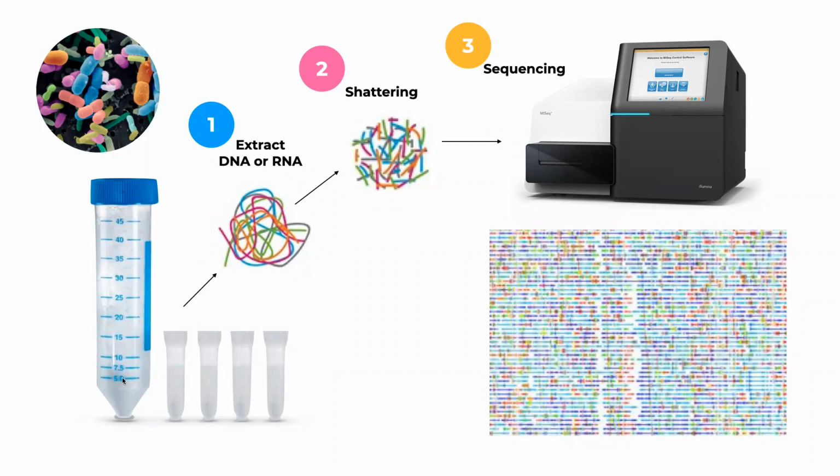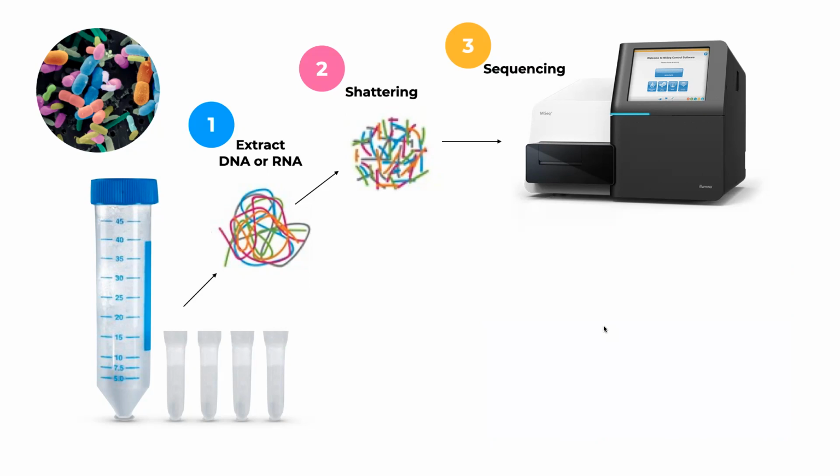Now, when we think of sequencing, there are actually multiple things that could be amplified for sequencing to have enough of that genetic material. But as a result, generally speaking, from any type of sequencing, what we get are these short reads. And these short reads could be in different types of format.